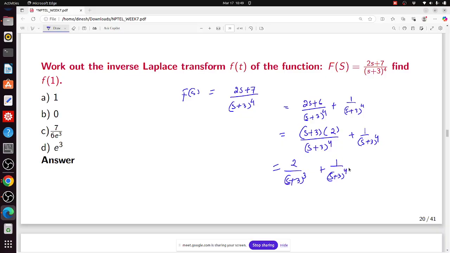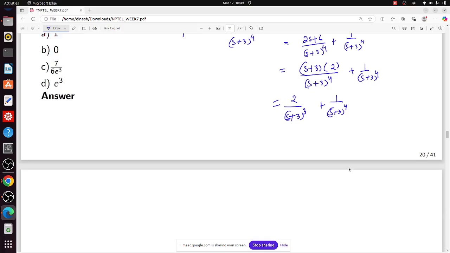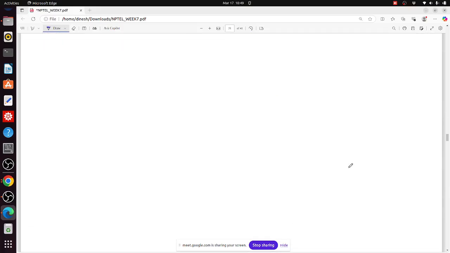So here we know that the Laplace transform of t to the power n is equal to n factorial by s to the power n plus 1. By seeing this formula, we can predict which function this Laplace transform's inverse will be.